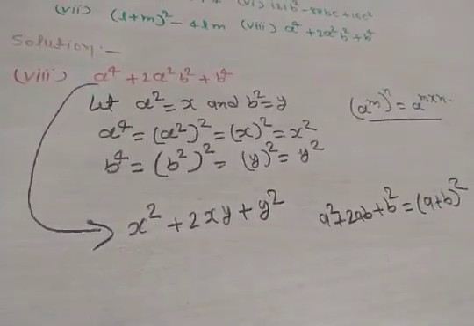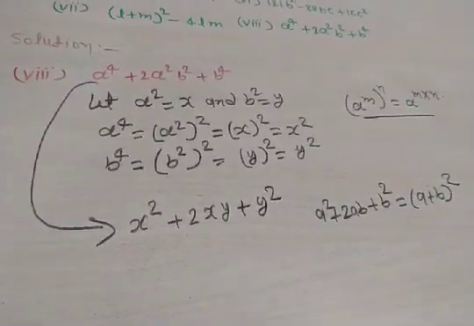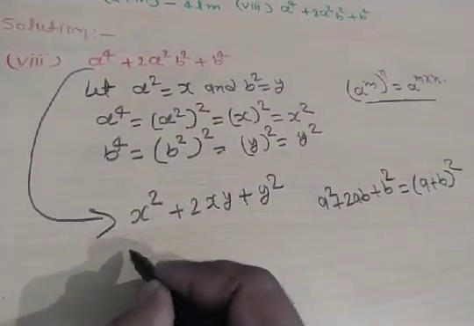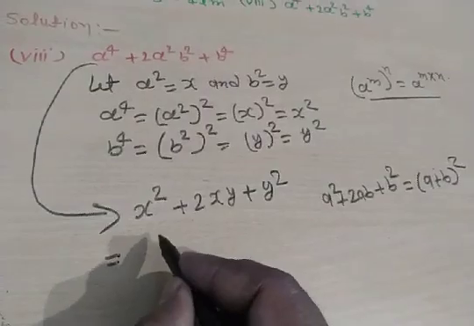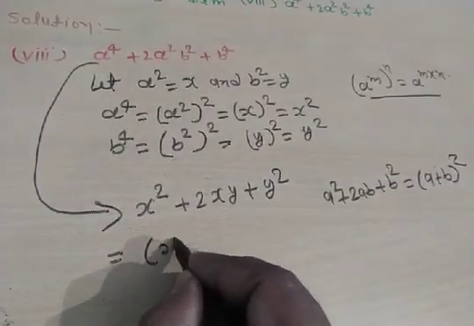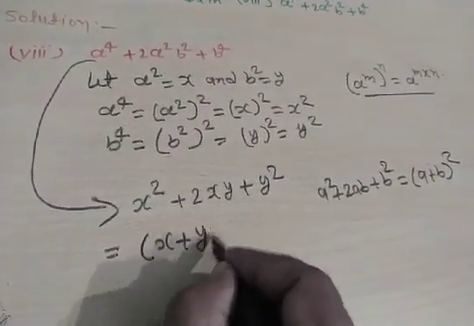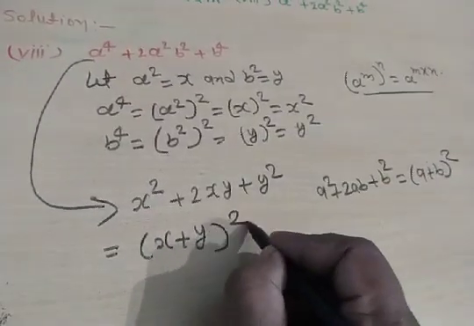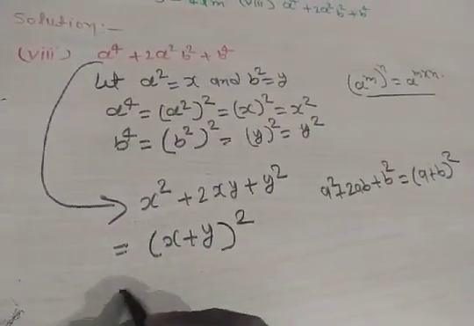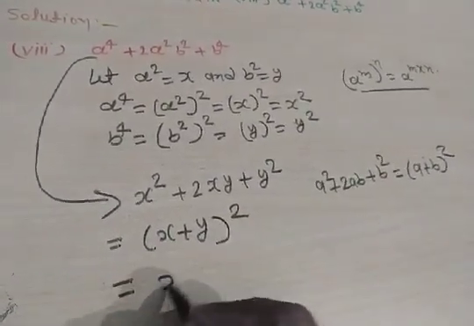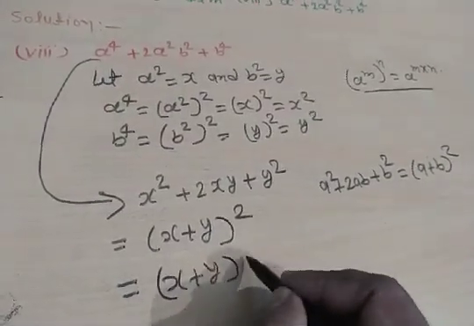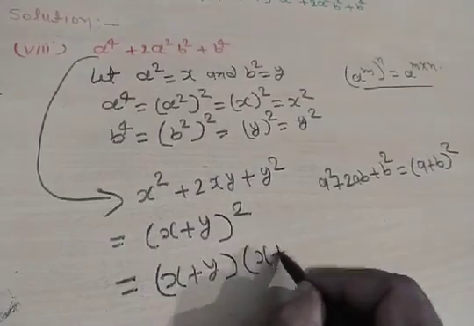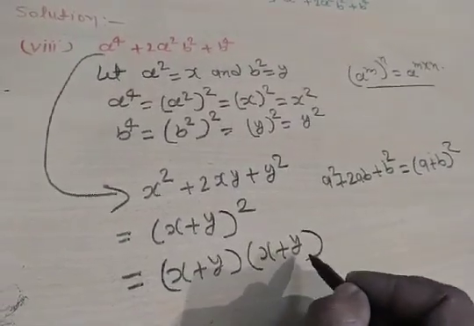Now we can write this as x plus y whole square, the whole square of x plus y. So we can also write it x plus y into x plus y. Clear?